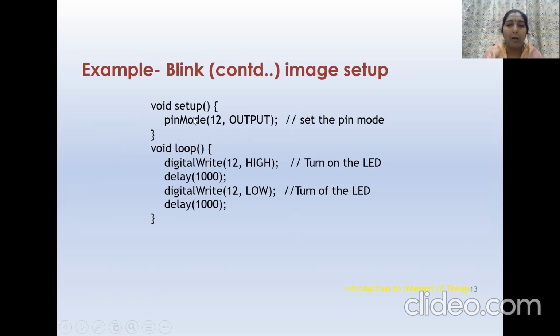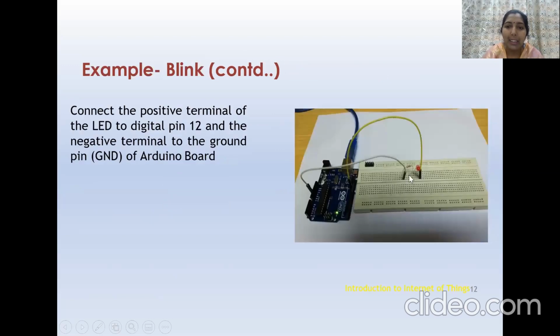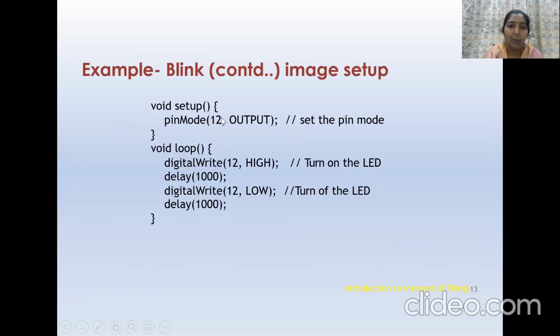In the setup, you should always write the statements related to pinMode. As per this diagram, the LED is connected to digital pin 12. So you should write the pin number as 12, and we know that LED is an output device, so the next parameter you write is OUTPUT.